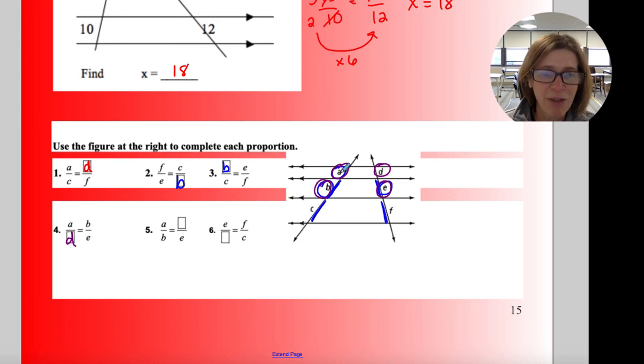I can write A over B equals D over E. Same exact proportion. How can you always check? If you cross multiply, you should get the same thing. And look, AE equals BD. All right, so then we have F over C. Okay, F over C would have to be equal to E over B.